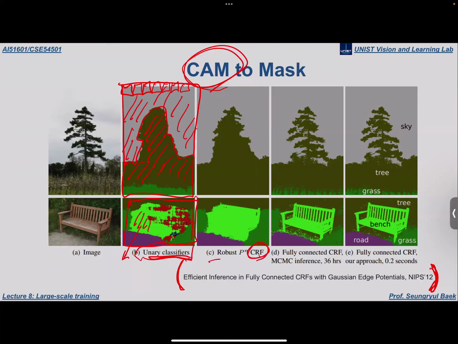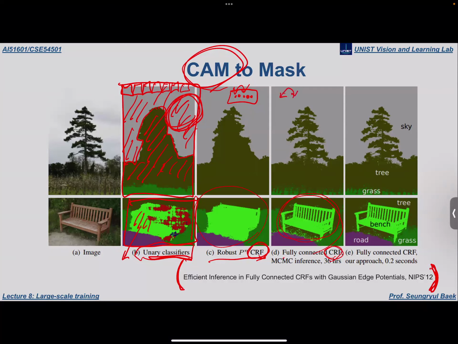But the CRF methods are considering the nearest pixels. There is some prior that nearby pixels need to have a similar object. So this is the result of a pixel-wise independent classifier, but after considering the nearby priors, the result could be better than the previous. And this is considering more dense priors.